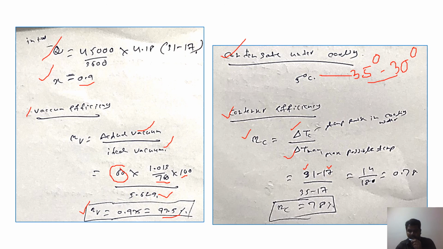This is also given in the problem. Divided by the condensate temperature, 35 degrees, also given in the problem, minus the inlet temperature, 17 degrees. Once you substitute, we will get the efficiency of the condenser, 78%.